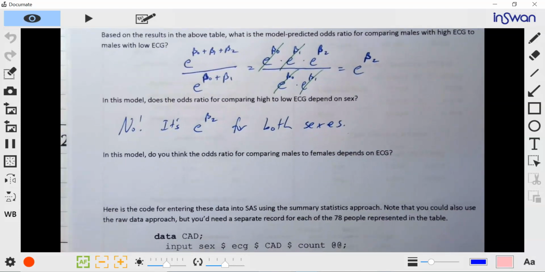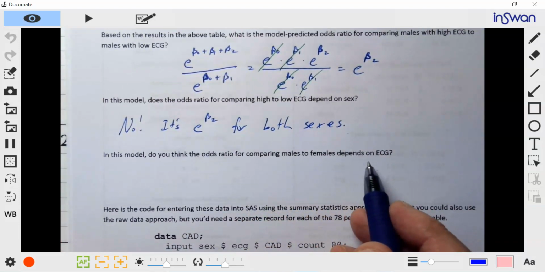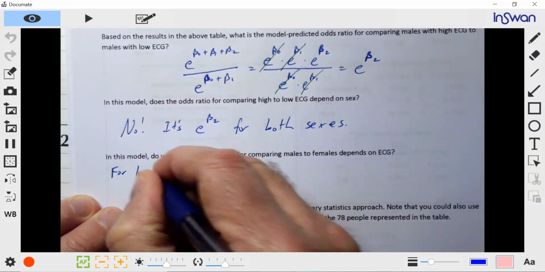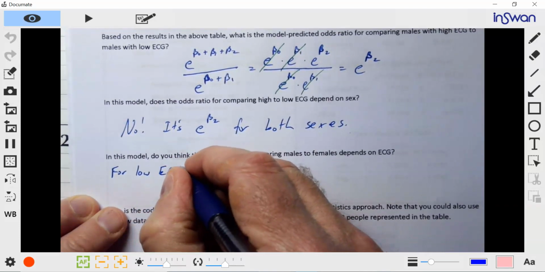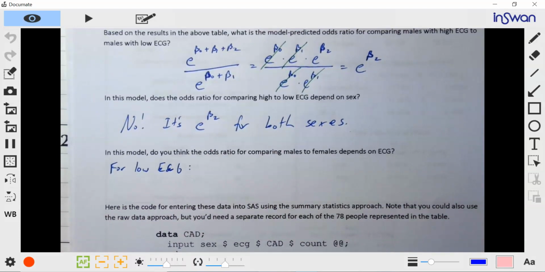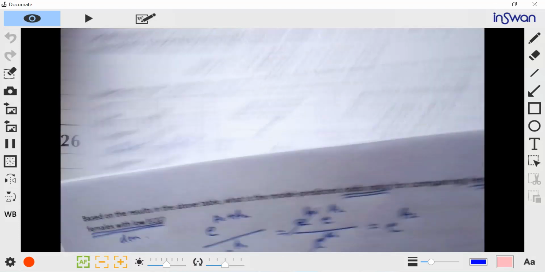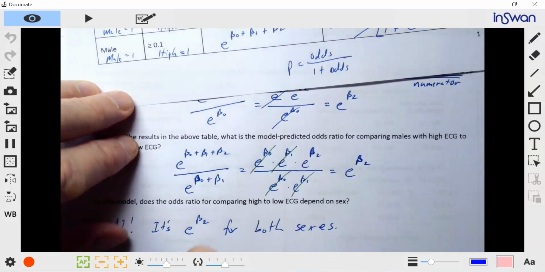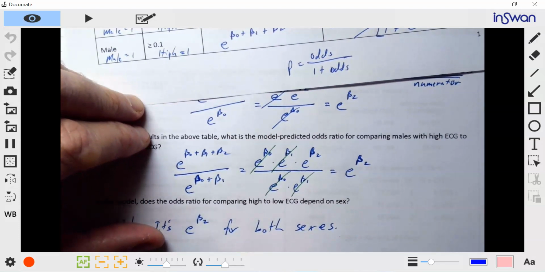In this model, do you think that the odds ratio for comparing males to females depends on ECG? Well, we can check that out very quickly. For low ECG, so comparing males to females with low ECG, males with low ECG would be e to the beta 0 plus beta 1.